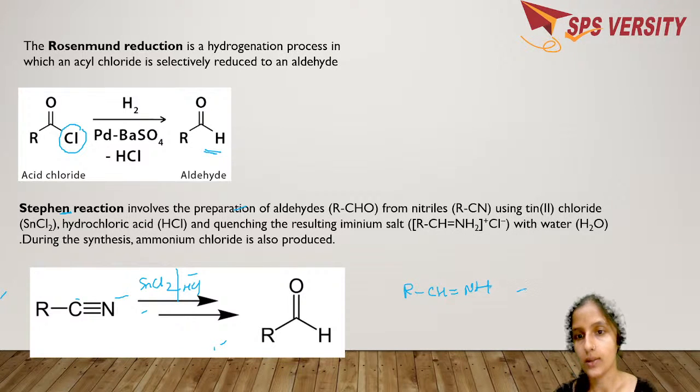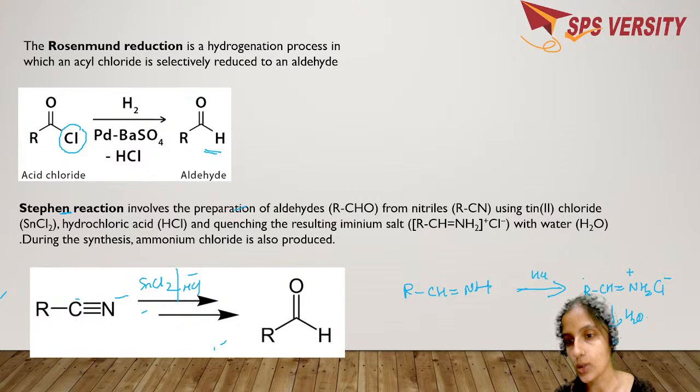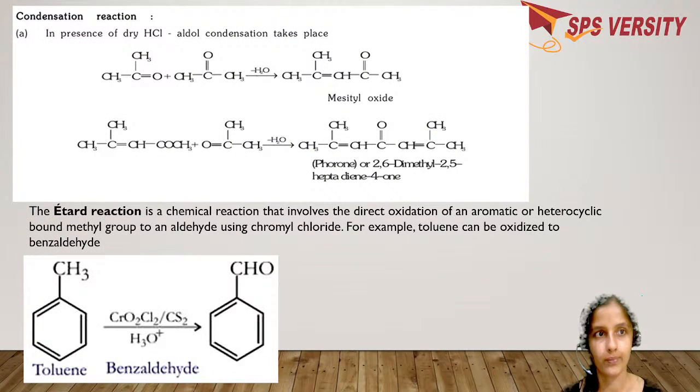And if you further treat it with one more molecule of HCl, you get RCH double bond NH2 plus and a Cl minus. When you hydrolyze this one, you treat it with water, you get RCHO, and the other compound will be gone as ammonium chloride. This is called the Stephen reaction.